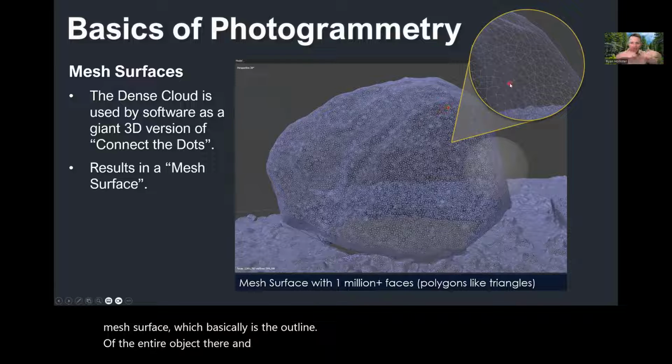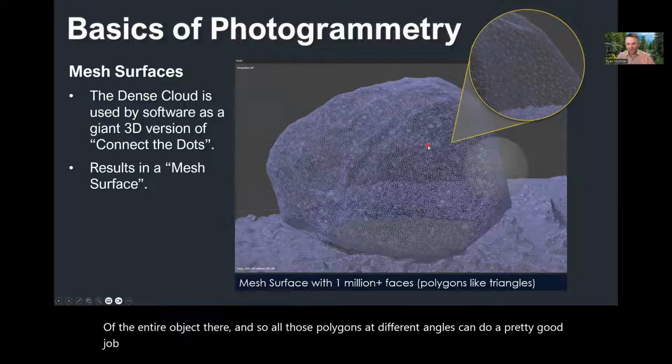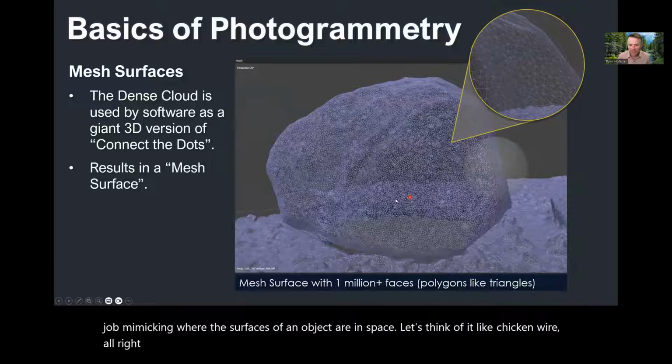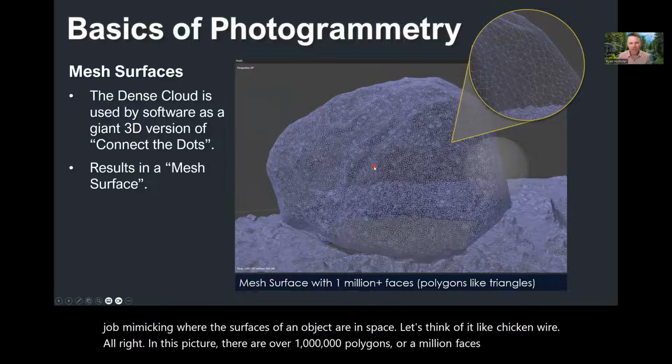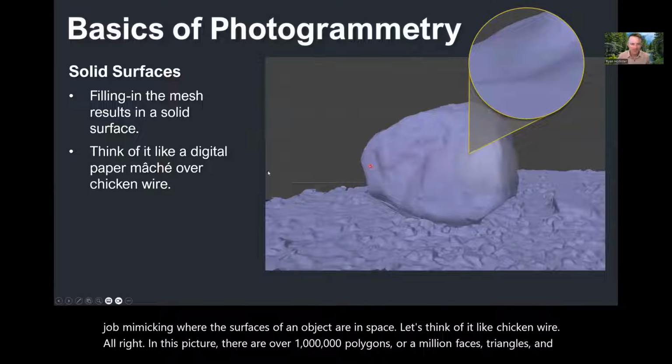And so all those polygons at different angles can do a pretty good job mimicking where the surfaces of an object are in space. Think of it like chicken wire, all right? And in this picture, there are over 1 million polygons or 1 million faces, triangles and squares and such.